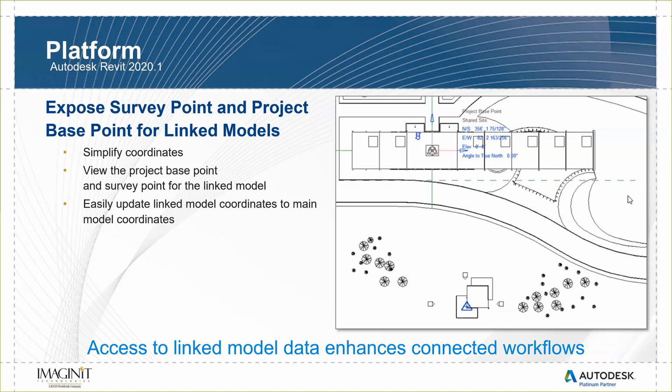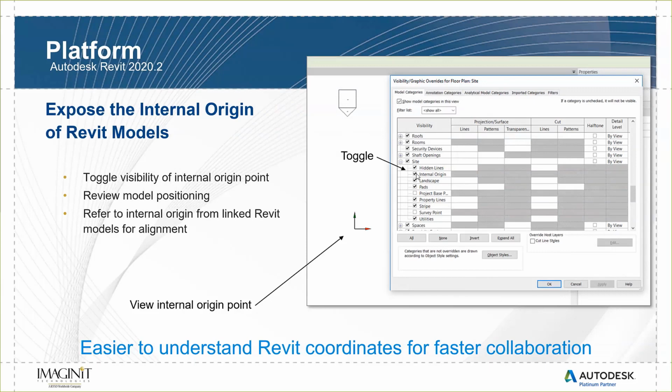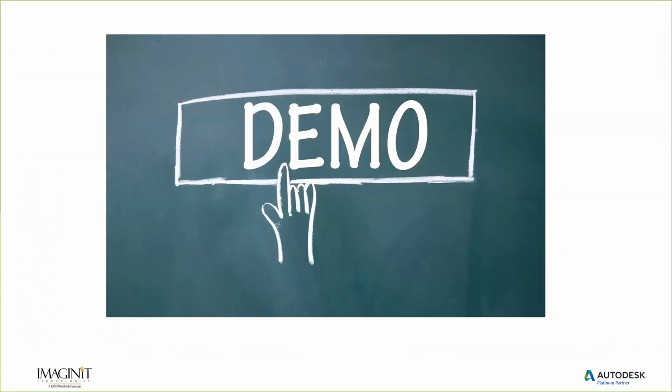It's just a great little feature for that. And then on top of that, that was a 20.1 feature. The 20.2 feature is bringing out the internal origin point so we can actually see that internal origin point as well, furthering our collaboration and coordination between the team members. So let's take a look at that.